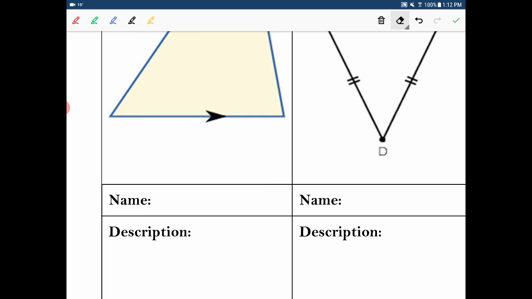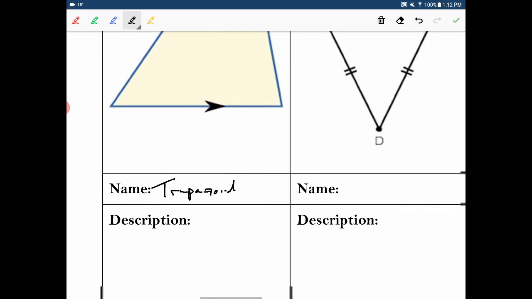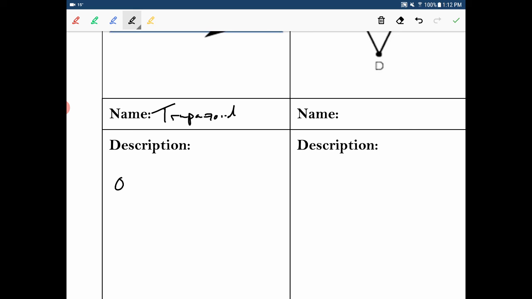This is a trapezoid. And we just have 1 pair of parallel sides, and that's all we need.